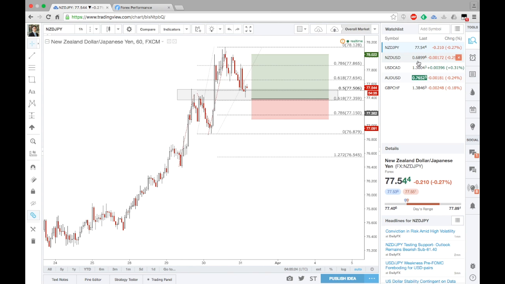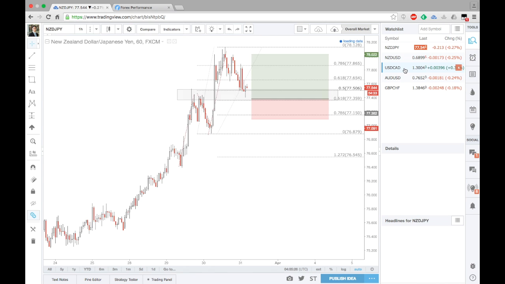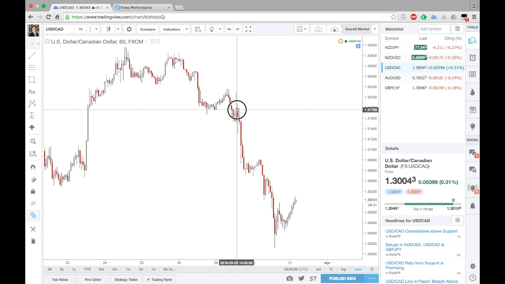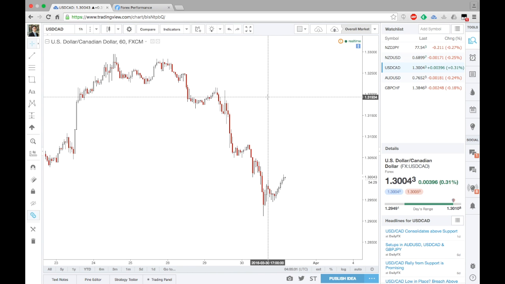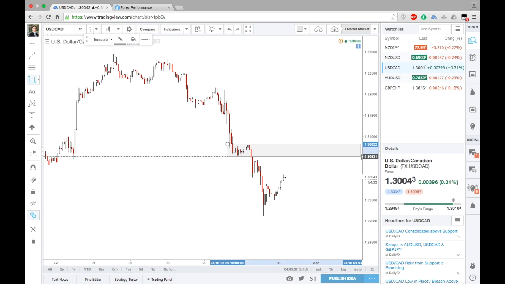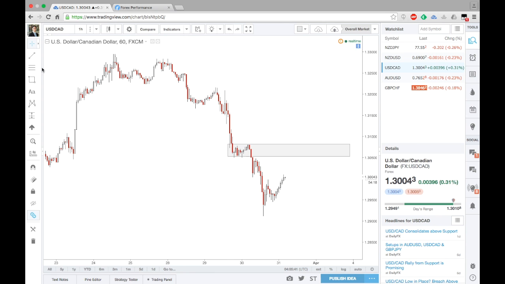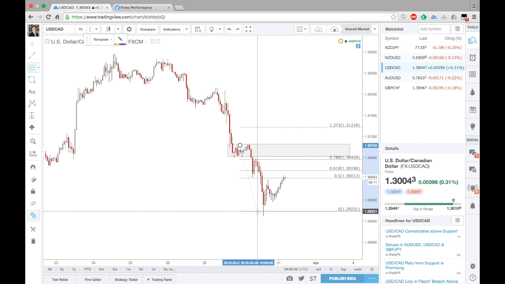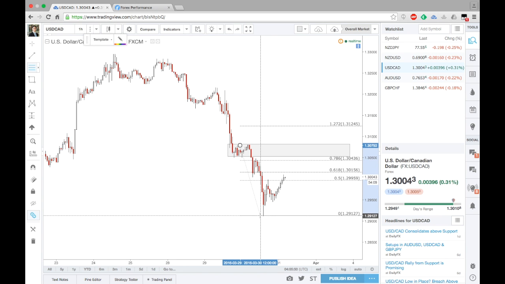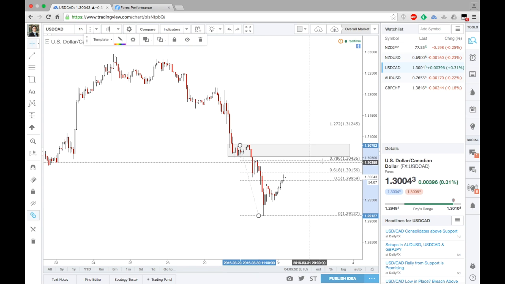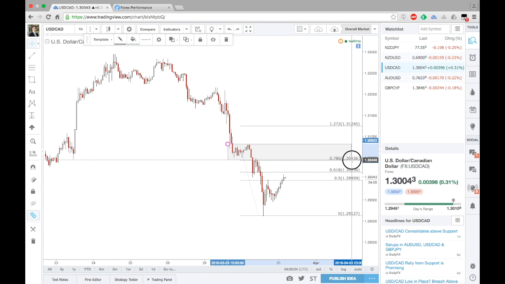So let me walk you through another example, perhaps using dollar Canadian. If you look at this, we have high, low, high, low, high, low. Simply this itself presents a very nice structure, and if we pull in the Fibonacci tool from this level to this level, we do see some confluence coming between the 786 over here.